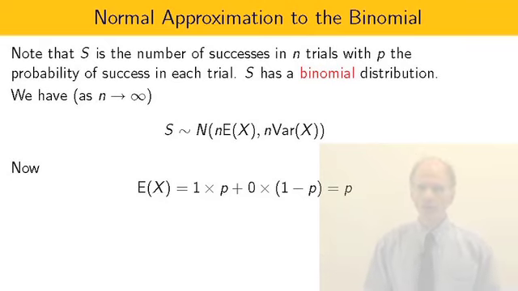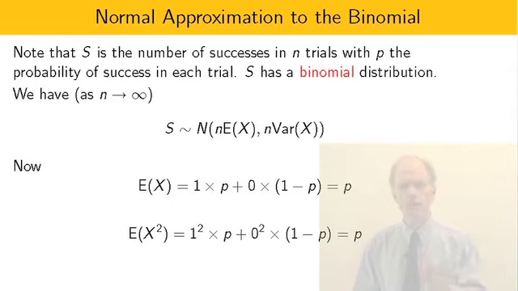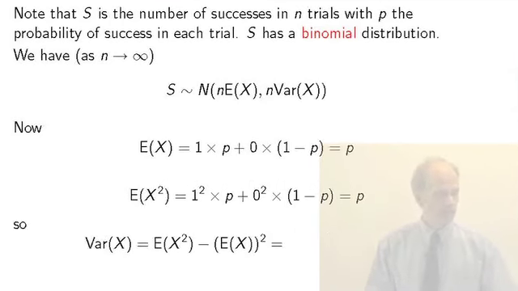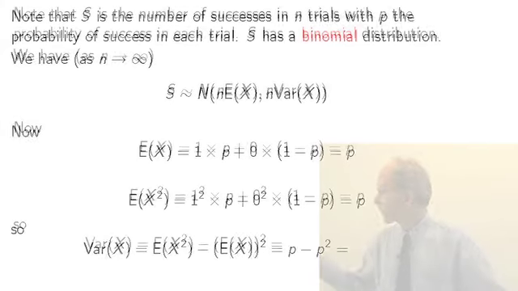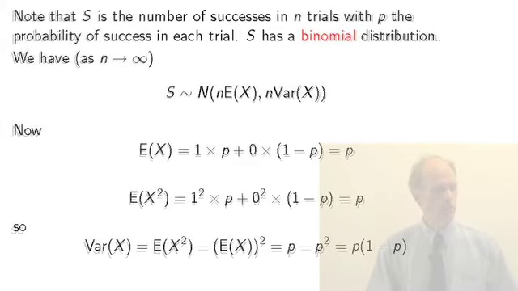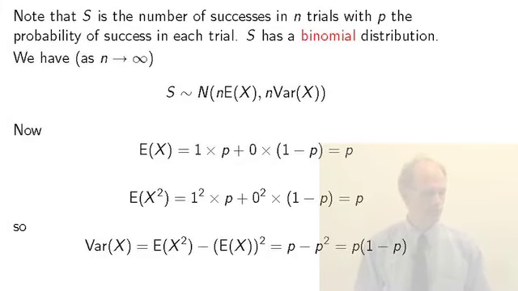The expected value of x squared is 1 squared times the probability x equals 1, and 0 squared times the probability x is 0, which is 0, and we add those up. We get the value p for the expected value of x squared. And so the variance of x, which is the expected value of x squared minus the mean squared, is p minus p squared. So that's the value p times 1 minus p.